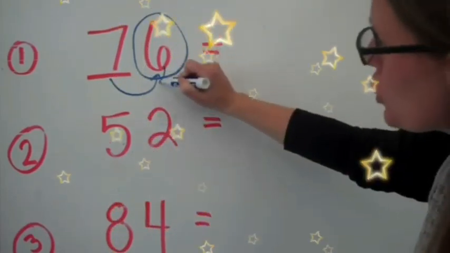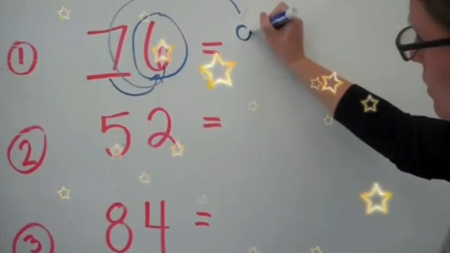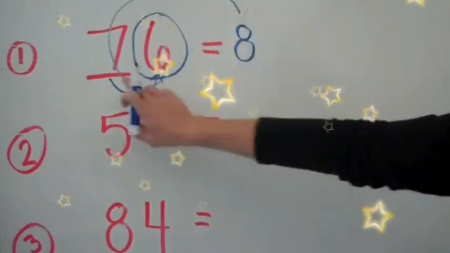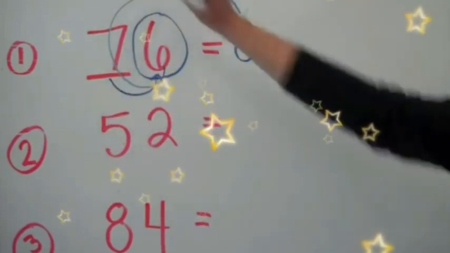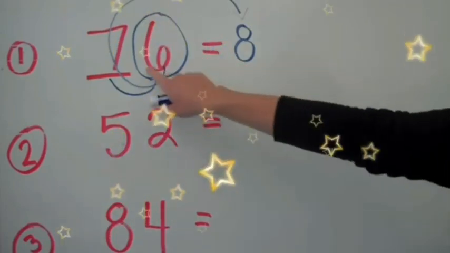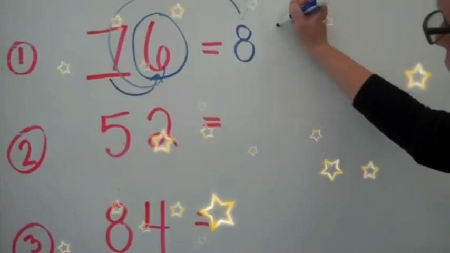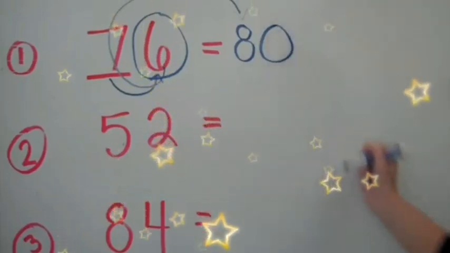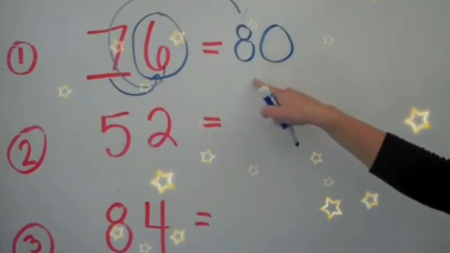It's going to push up my 7 to an 8. Because the next number I count up is 7, 8. So my number is 8. And since I used all the power out of the 6, the ones is always going to turn into a 0. 76 rounds to 80.